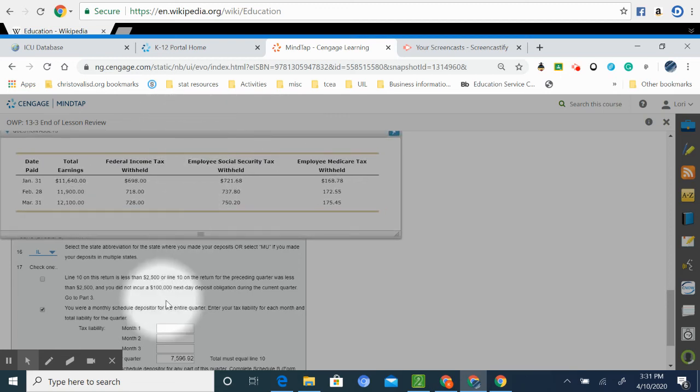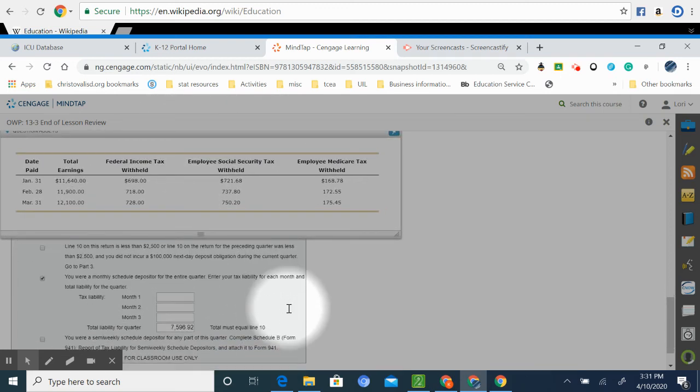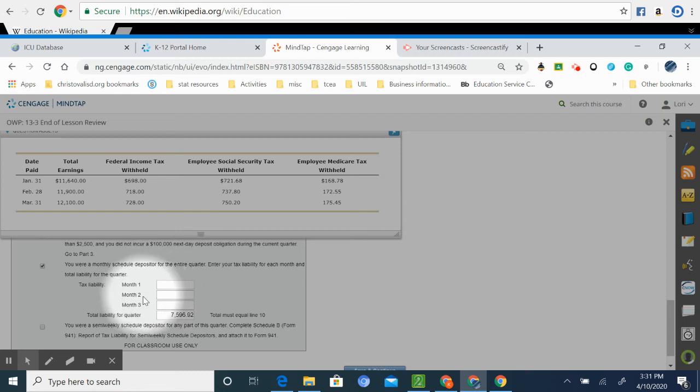Okay, so now that we have it to where we can see it, we're going to be dealing with the month 1, 2, and 3's numbers. To do these numbers, you will take 1 times your income tax, 2 times your Social Security tax and 2 times your medical tax withheld. So 1 plus double this plus double this.